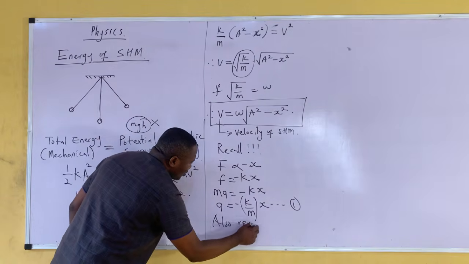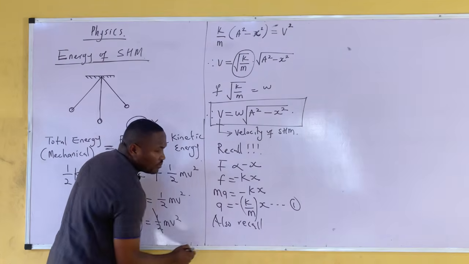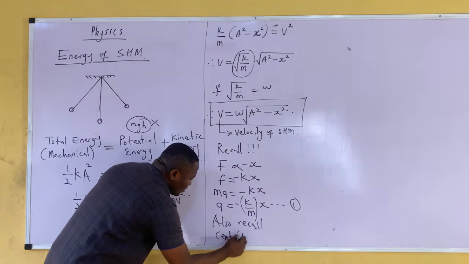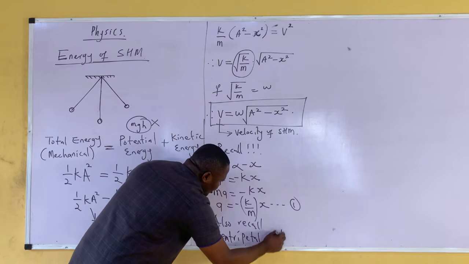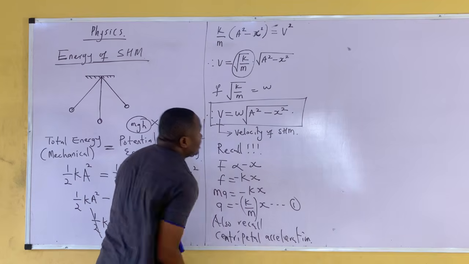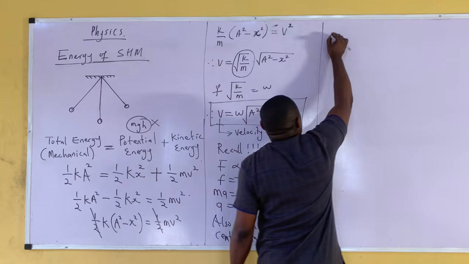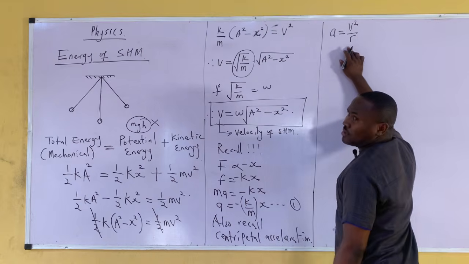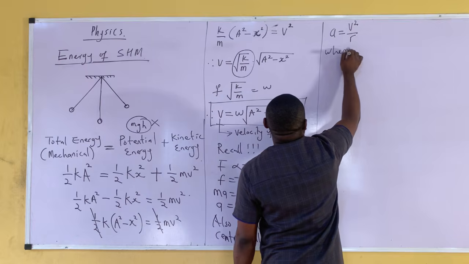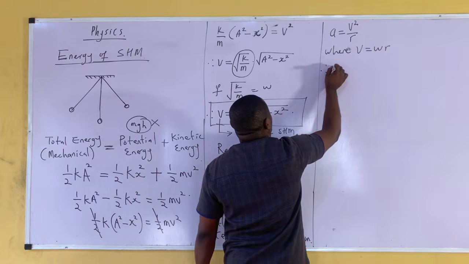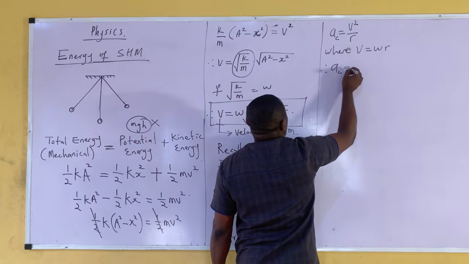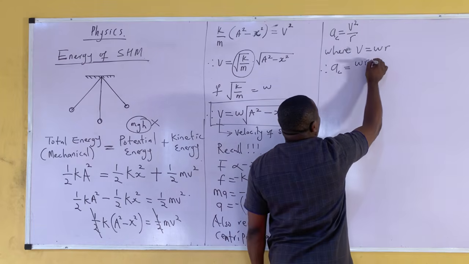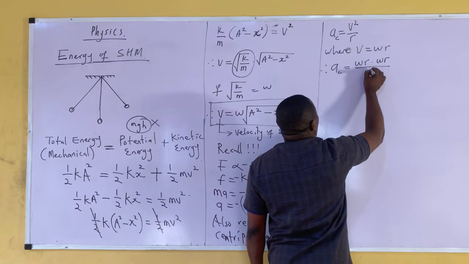Also recall centripetal acceleration. Centripetal acceleration, which is a, is equal to v square over r, where v equals w r. Therefore, centripetal acceleration is equal to angular velocity times r, dot angular velocity times r, over r, because it's v squared.